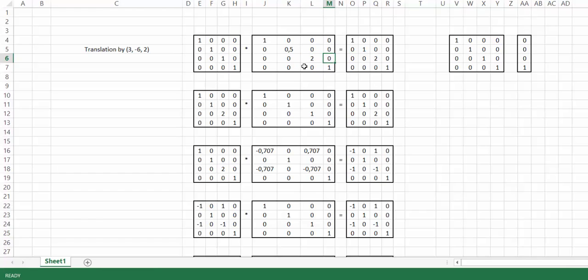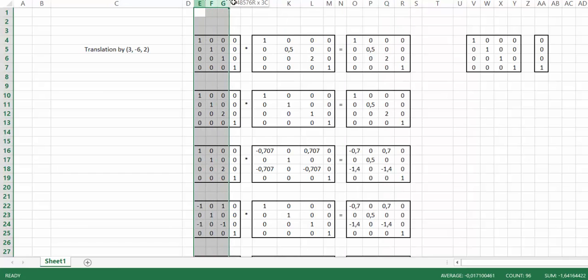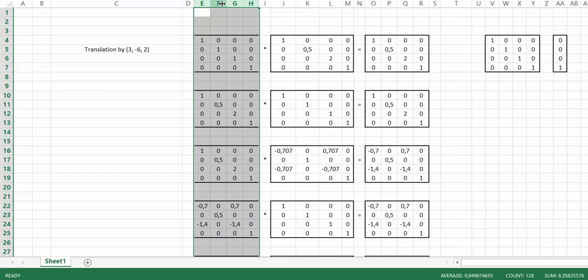Okay, so first, to make all of this just a little bit wider so that the numbers display correctly.